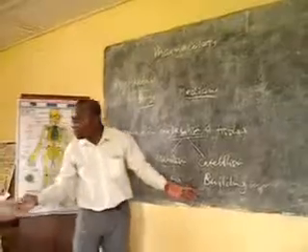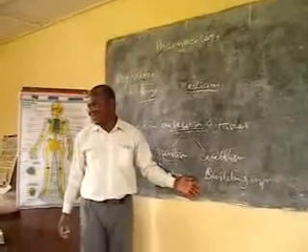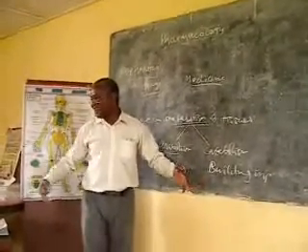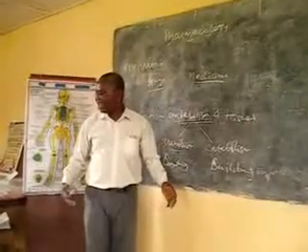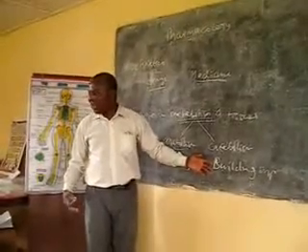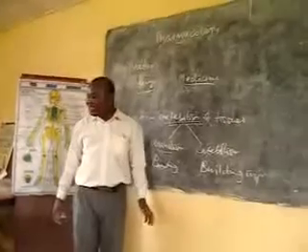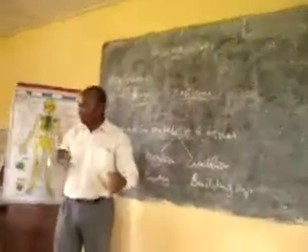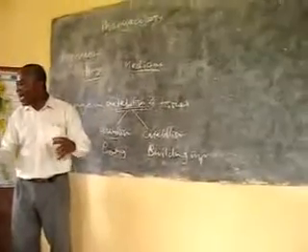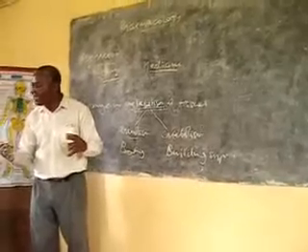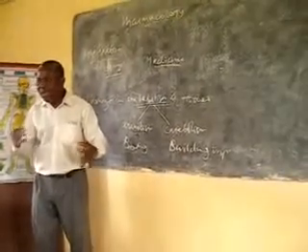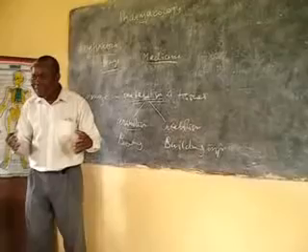But you can store what? Fat. Those who have a lot of fat store a lot of fat. And not only that, the body needs a lot of organelles. They build up a lot of protein.